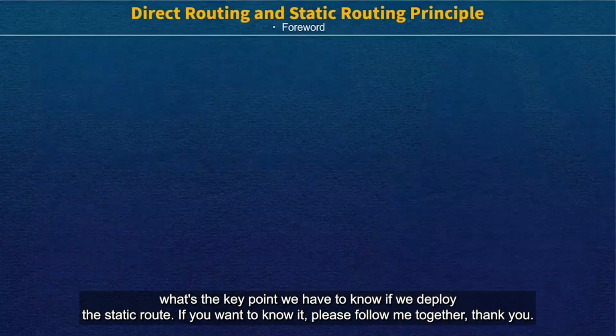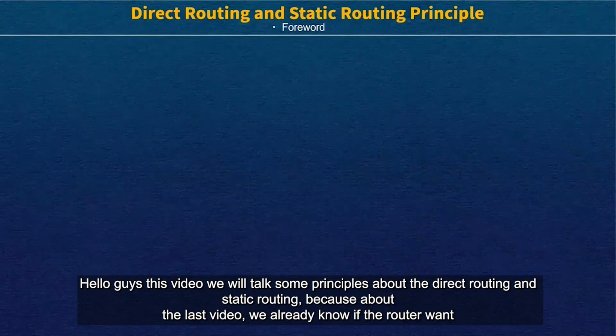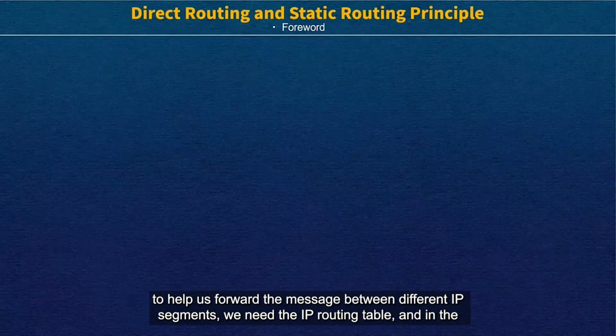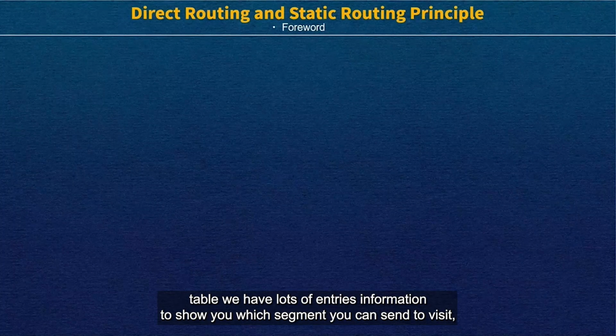Hello guys, in this video we will talk about the principle of direct routing and static routing. Because in the last video we already learned that if the router wants to help us forward messages between different IP segments, we need the IP routing table. In the table we have lots of entries showing which segment you can send to.